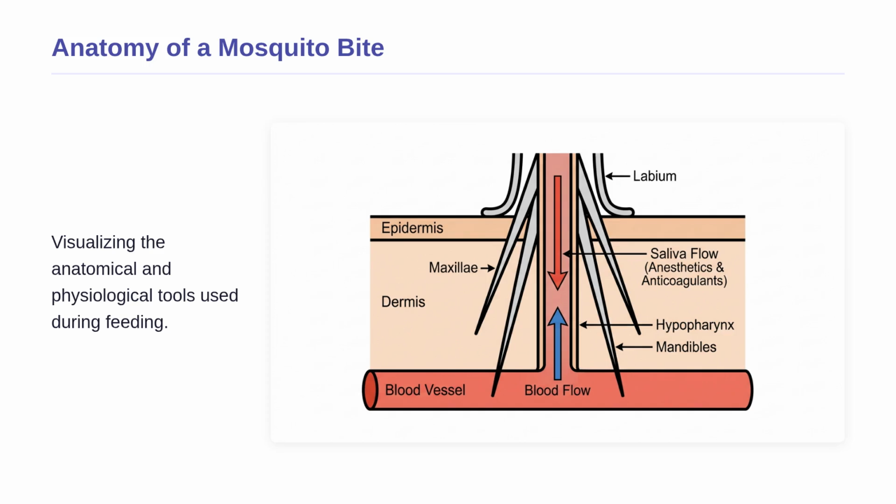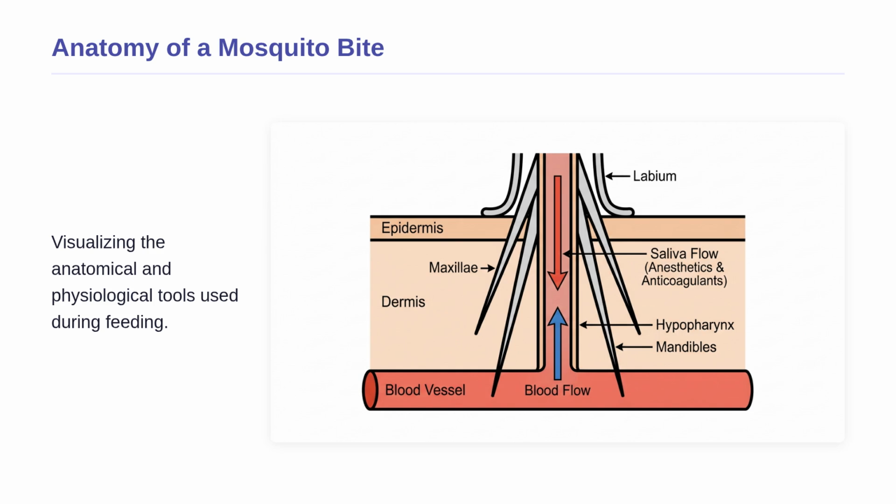Let us visualize these adaptations in action by looking at this diagram of a mosquito bite. Notice the outer sheath, called the labium, which bends back as the insect lands. The sharp maxillae and mandibles are the anatomical adaptations, piercing through the epidermis and dermis layers of the skin.